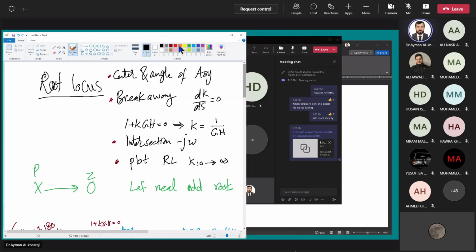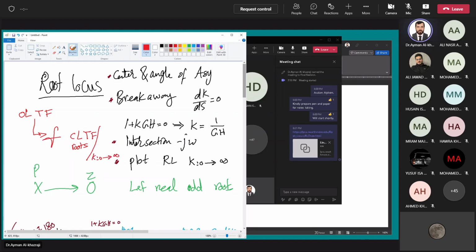Is it for open loop or closed loop that we are plotting? What are we plotting in root locus? Closed loop? No, we are taking the open loop transfer function, and from the open loop transfer function we will find the closed loop transfer function roots when we change K from 0 to infinity.